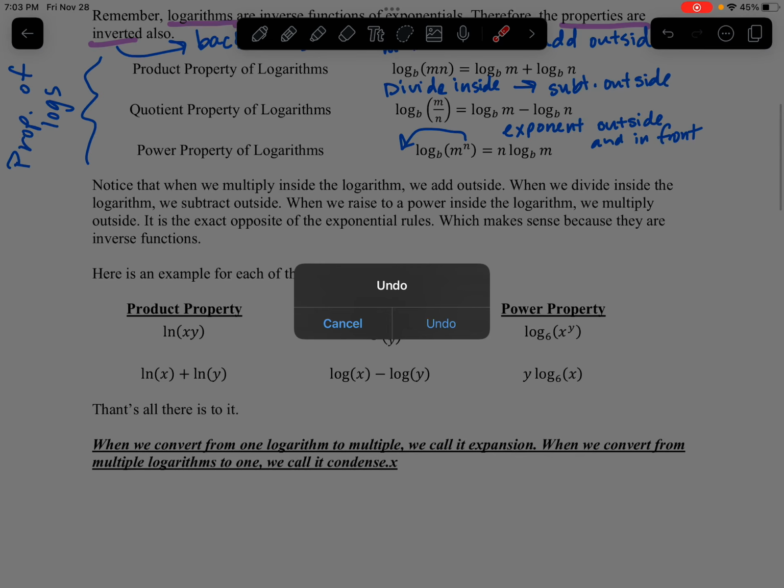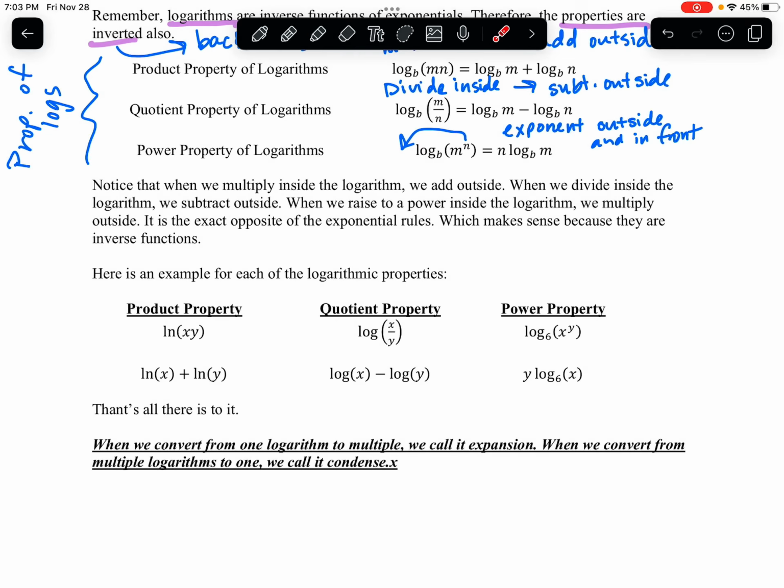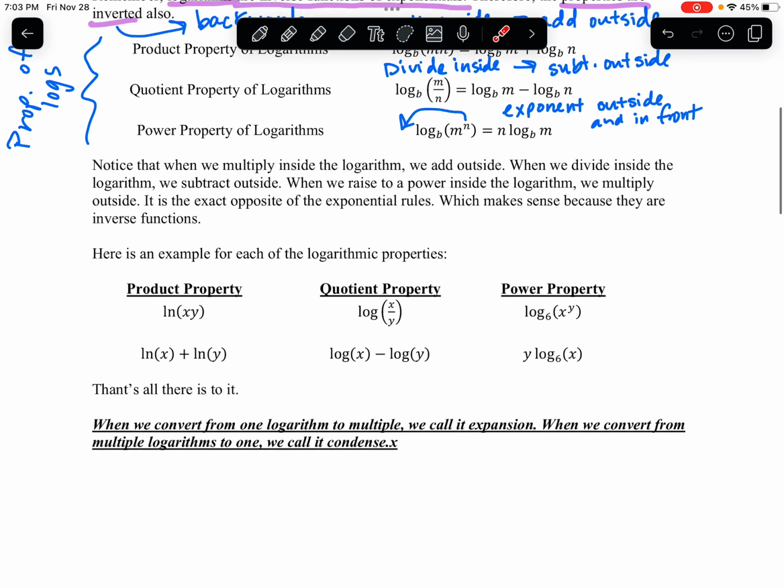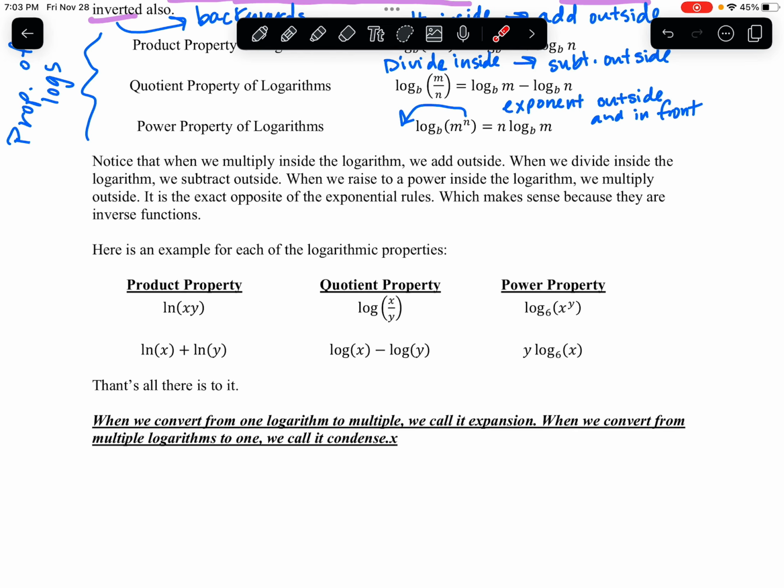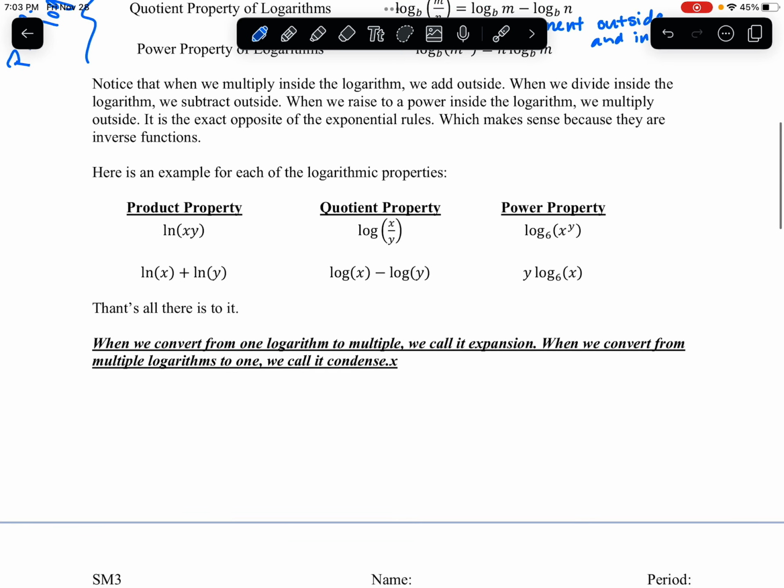Okay, and one of the most important things about this concept is what it's called when we're doing this. When we convert from one logarithm to multiple, we call it expansion. When we convert from multiple logarithms to one, we call it condensing. So what I want you to do is think about it. When we expand, we make something bigger, more than one log.